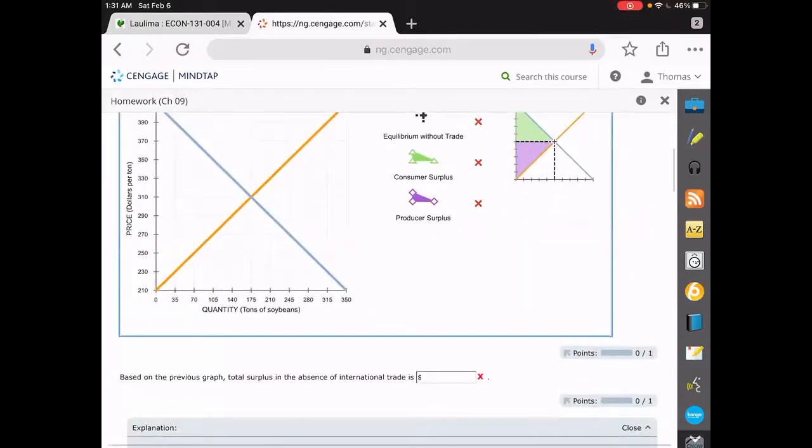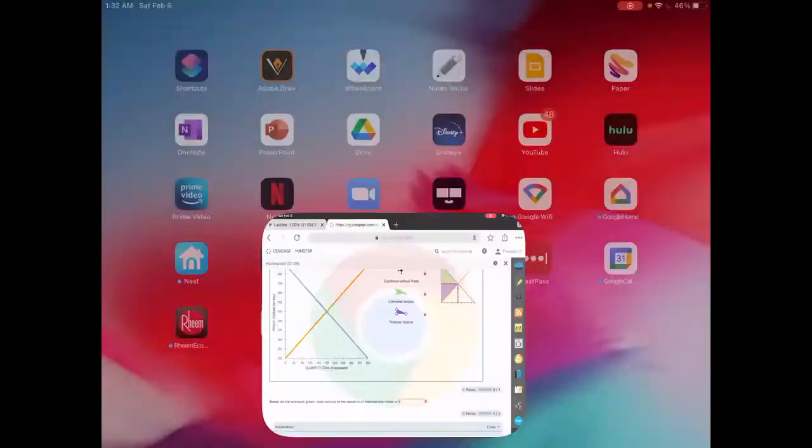310 times. Oh, okay. Sorry about that. I was just looking at that too quickly. The price, oddly enough, in this graph is starting at 210 at the base. So I was just putting that as a 0 for the price as well, which is typically what is done. If I were making this question, I would not have done that. I put 0, but it's 210. Okay, so that changes.